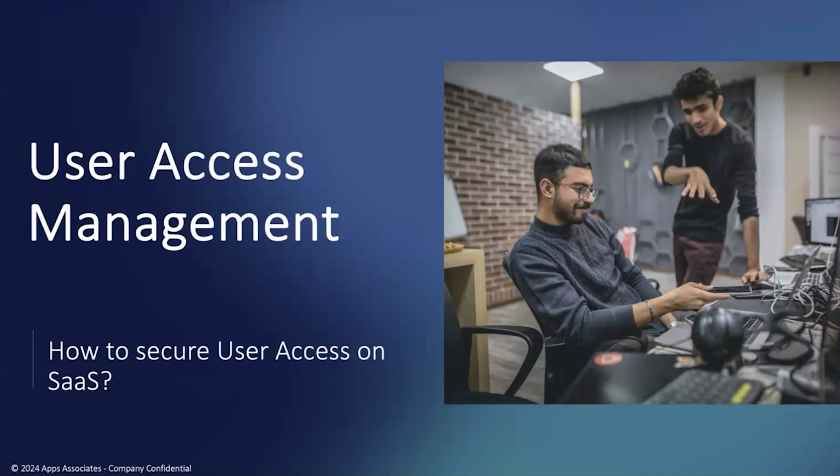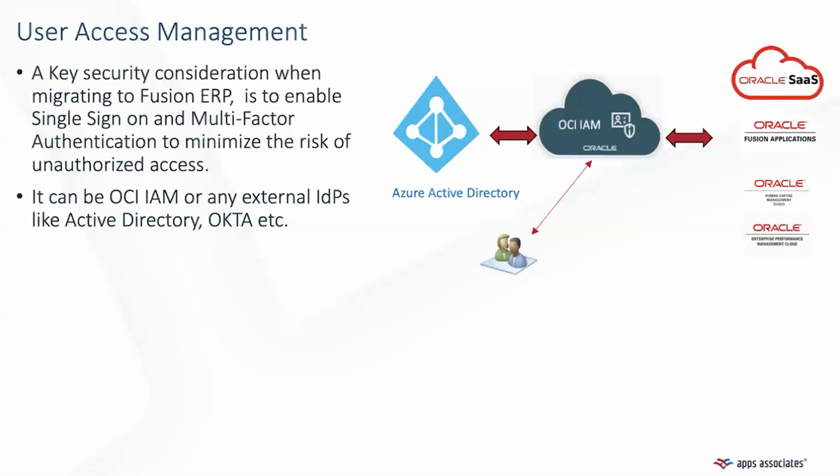Next slide here. As we all know, Oracle ERP natively won't support multi-factor authentication. So when you are thinking about this cloud adoption, going into Fusion SaaS, you need to think through how you can secure your user access, right?